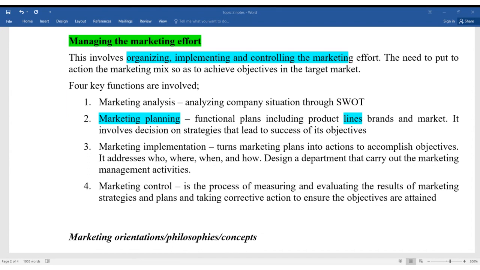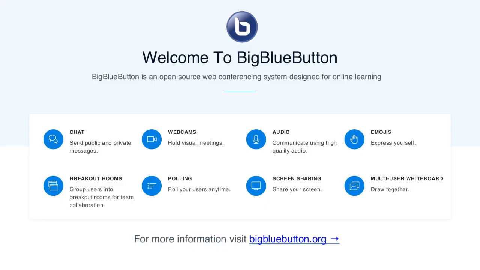You are going to serve maybe Eldoret or Kisumu, or you want to enter an entire country, or the Uganda market, Tanzania, or regionally, Southern Africa, West Africa, Central Africa, or East Africa, or you want to serve a global market like Coca-Cola is doing. All those are important aspects that one can consider.